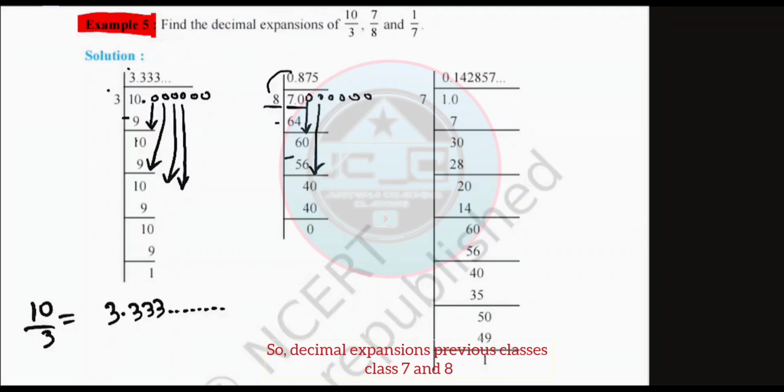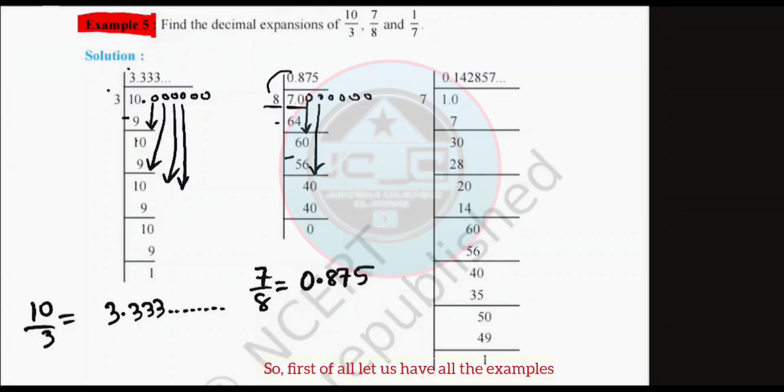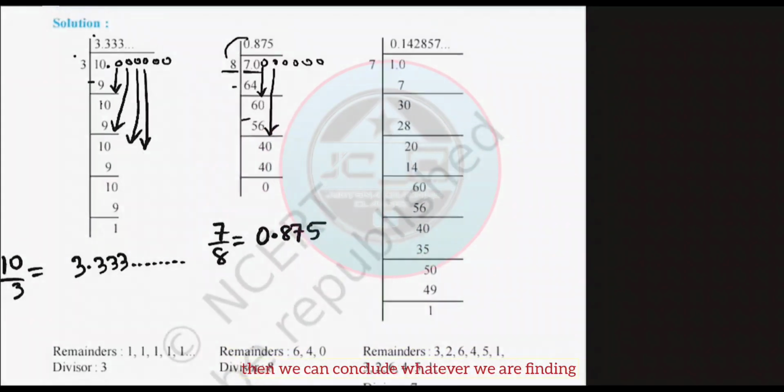Decimal expansions we already did in previous classes, so it is the normal division process. So 7 by 8 is equal to 0.875. First let's have all the examples, then we can conclude whatever we are finding.